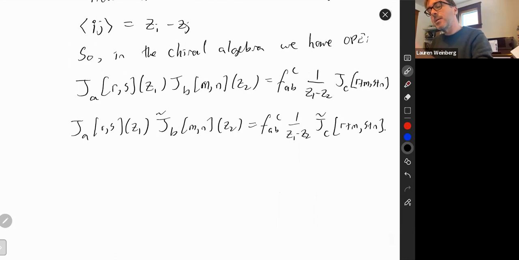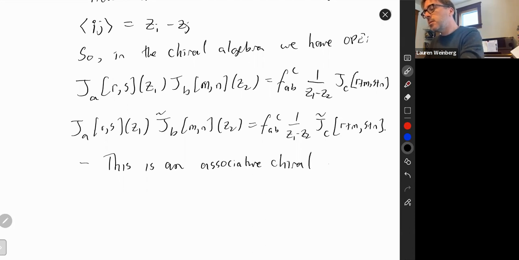And what we find is that this is an associative Carroll algebra. And you can see that it's Kac-Moody-like.